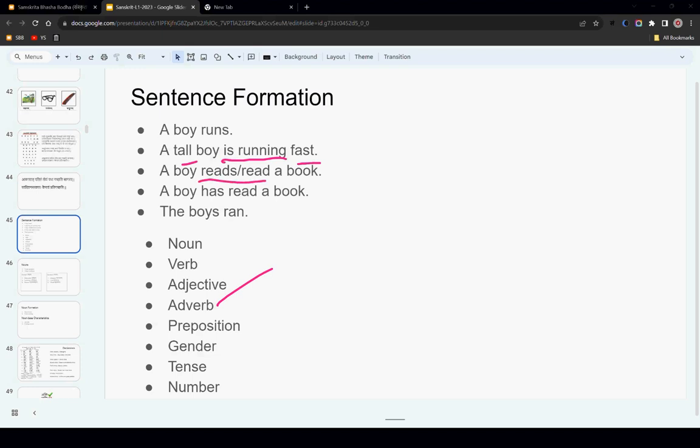And as we see here, reads or read, so the Kriyapada can also indicate the time when the action is taking place. Time in Sanskritam is called Kala. So it could be present tense or past tense or future tense. Present tense is called Vartamana Kala.